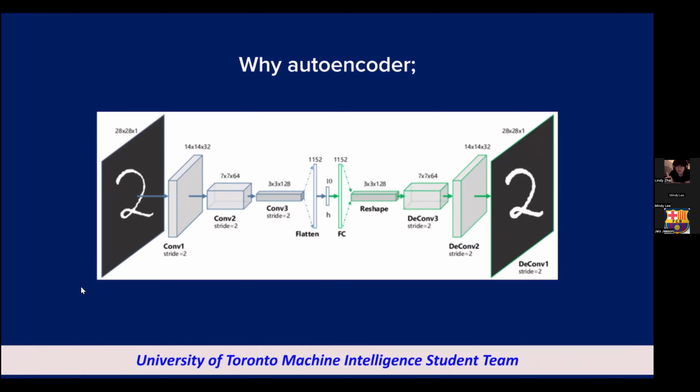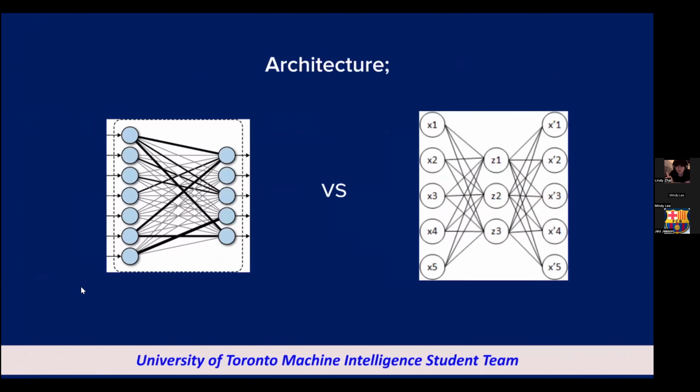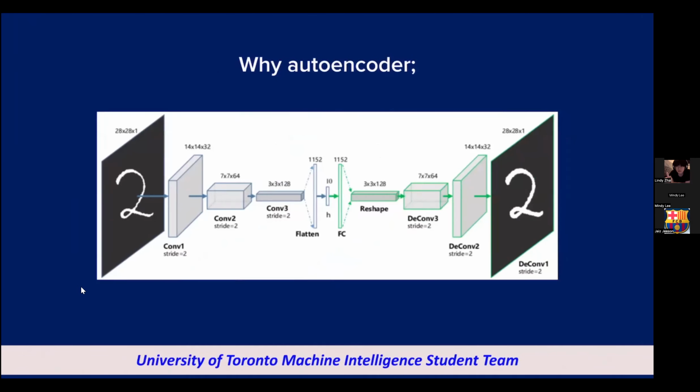Just notice that on the previous slide, I used a fully connected layer example, but here when we're talking about autoencoder, I use a CNN example. It's essentially the same, there's not too much difference.